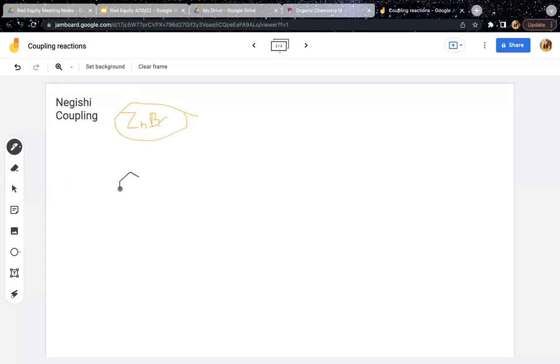I think it's just helpful to see examples because that's the way that I learn. So we have our zinc bromide there. And I'm just going to draw a circle. There we go.